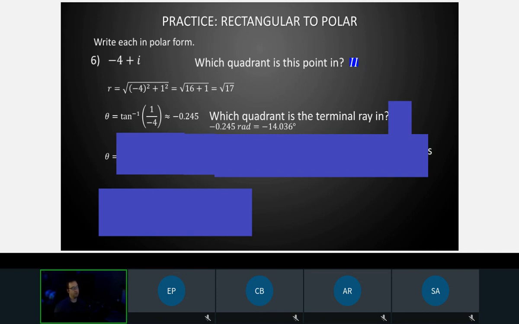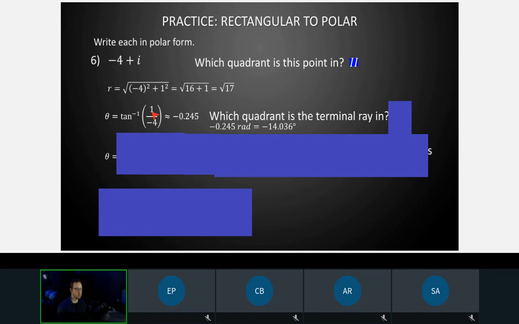The degree, converting that radian to degrees, is negative 14.036 degrees. So we're in quadrant 4. We want to be in quadrant 2. So all you have to do is take this and add pi to it.